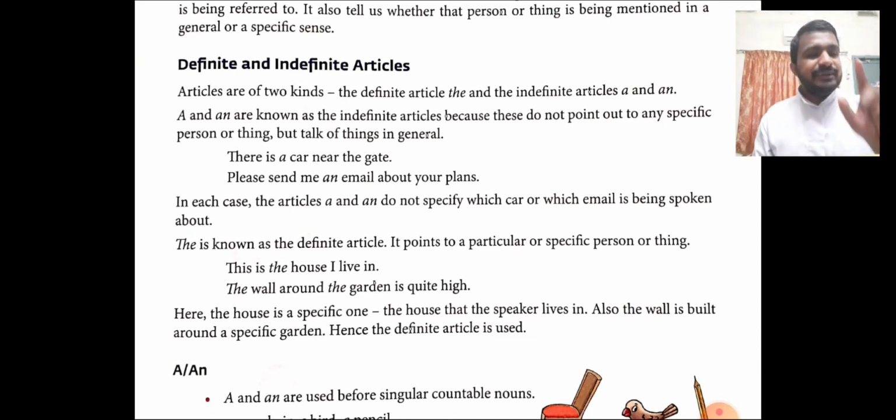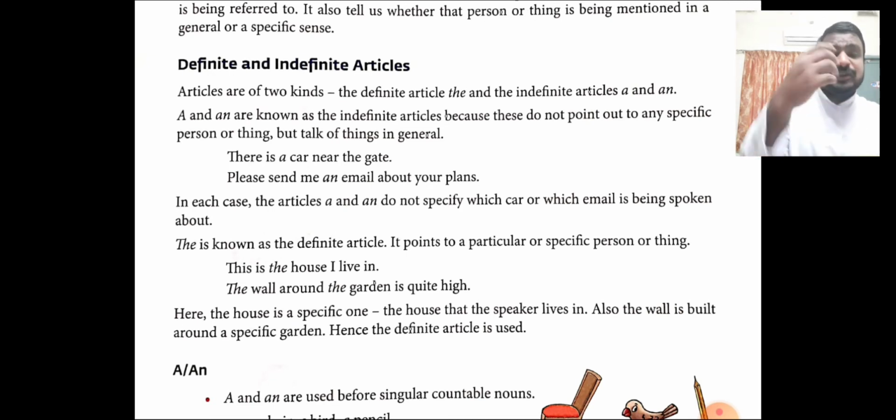Now, first one, here is a child. Someone is coming and telling me that here is a child. I don't know the child, but a child has come to see me. But here is the child. That means I was talking to someone about a child, and that child has come. So I'm telling in a specific way, here is the child whom you were talking about or whom I was mentioning.